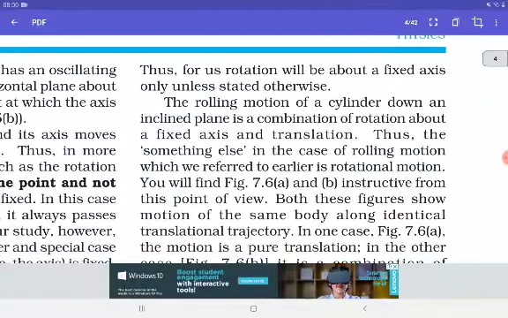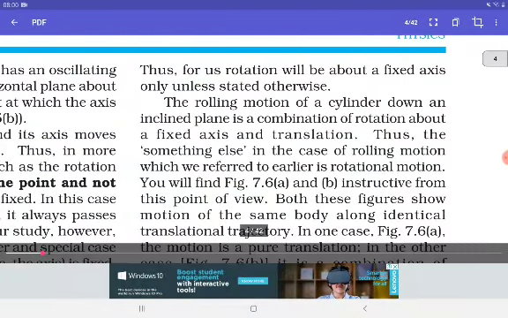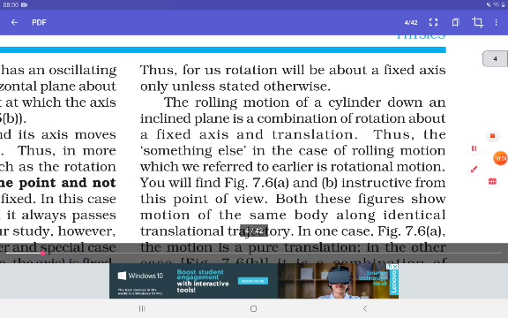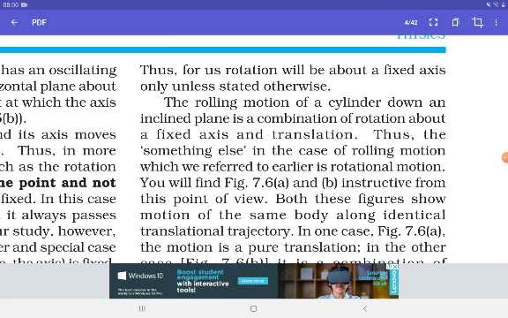Thus, for us, rotation will be about a fixed axis only unless stated otherwise. The rolling motion of a cylinder down an inclined plane is a combination of rotation about a fixed axis and translation. Thus, the something else in the case of rolling motion which we referred to earlier is rotational motion.